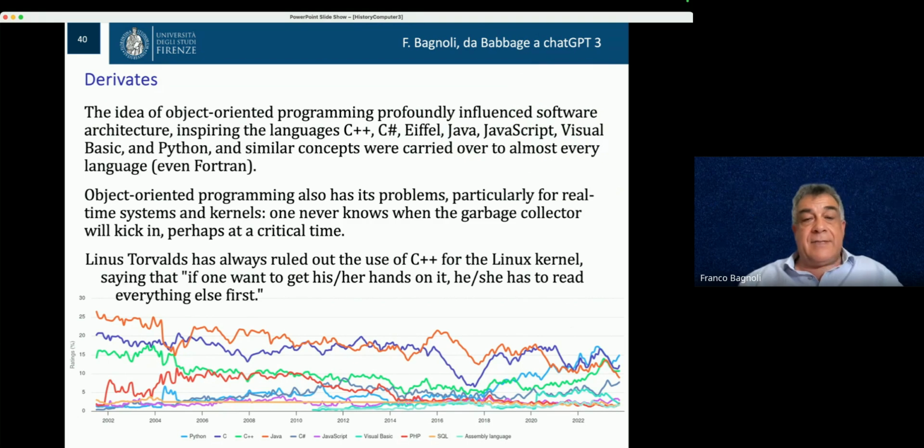And Linus Torvalds said, okay, if you want to put your hands on the Linux kernel, you have to read all the code first, so as to understand exactly what each piece of the kernel does. And actually the source code of the Linux kernel is quite readable because of this.